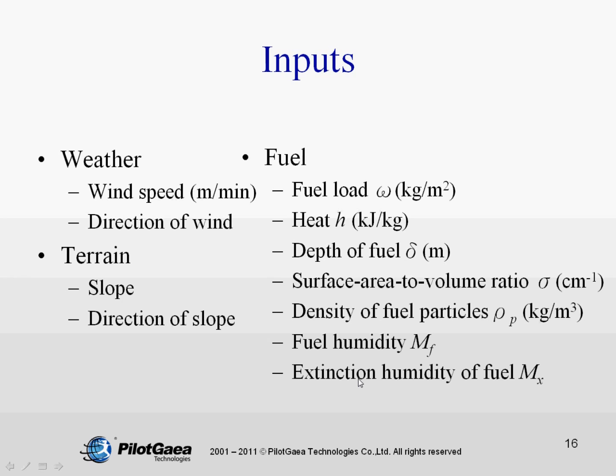The extinction humidity of fuel means that when the humidity of the air is higher than the extinction humidity, the fire will rarely burn. Therefore, when the extinction humidity is high, the fire is easy to burn.